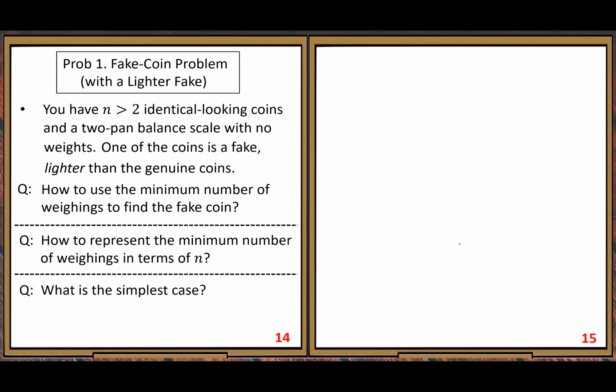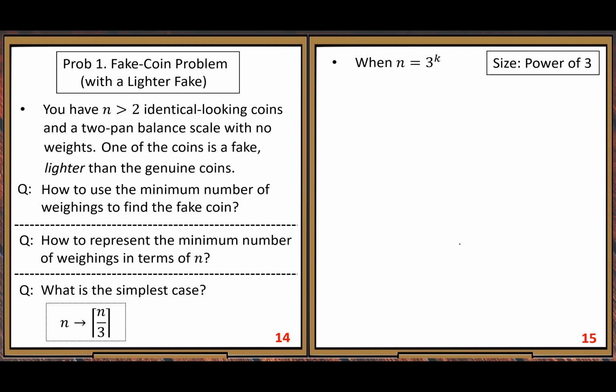So the only n that allows us to do that is a power of 3. All right, the simplest case. We assume n is a power of 3 first, because we want to work on the easiest case first. That's important. Easiest case first.